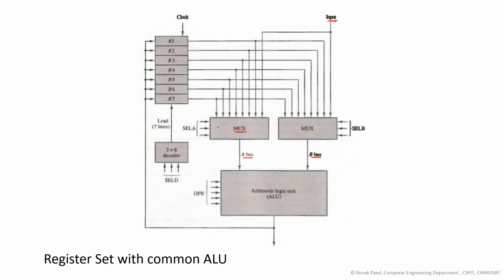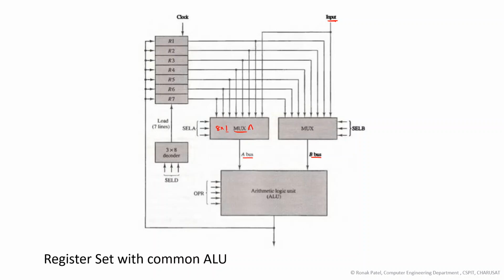This is an 8 by 1 multiplexer: 8 inputs, 1 output. So 7 registers and 1 input. This is the external input. If you are taking data from an external device, then you need to choose this one. So all will go to the multiplexer.